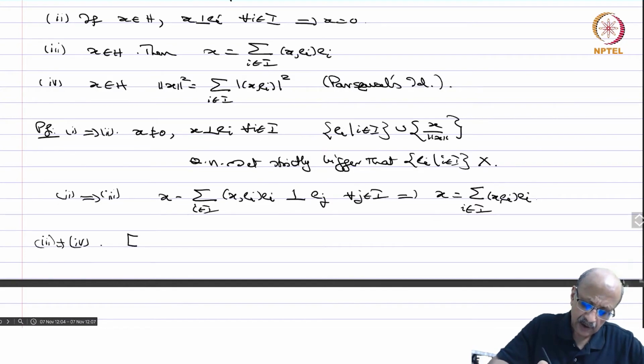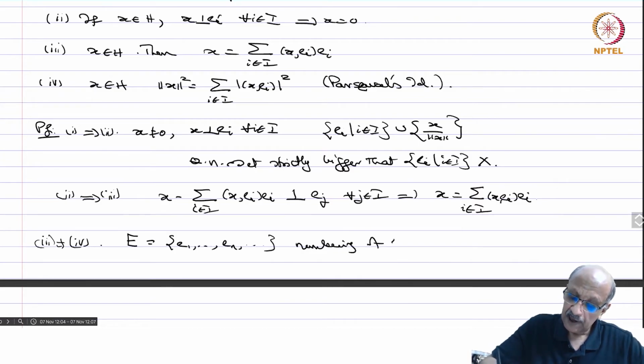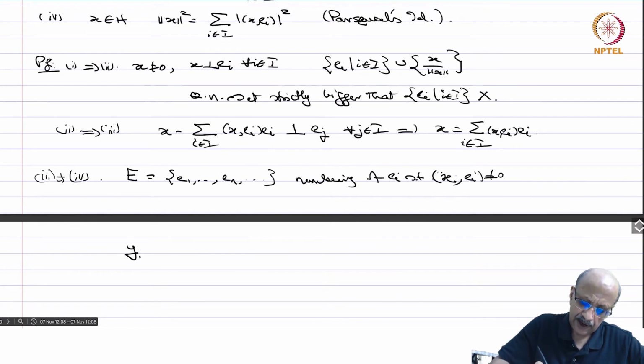We set E to be a numbering e_1, ..., e_n, ... of the e_i such that (x, e_i) is not 0, and you take y_n equal to the sum from i equals 1 to n of (x, e_i) e_i.